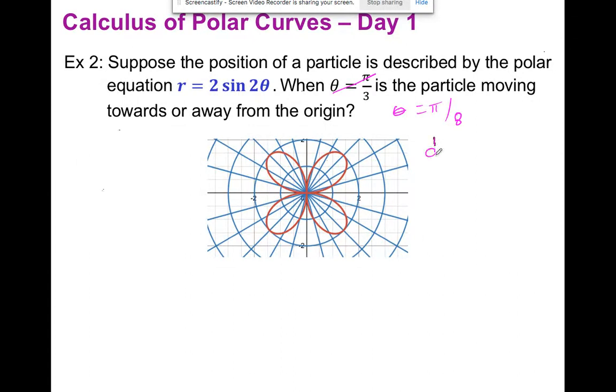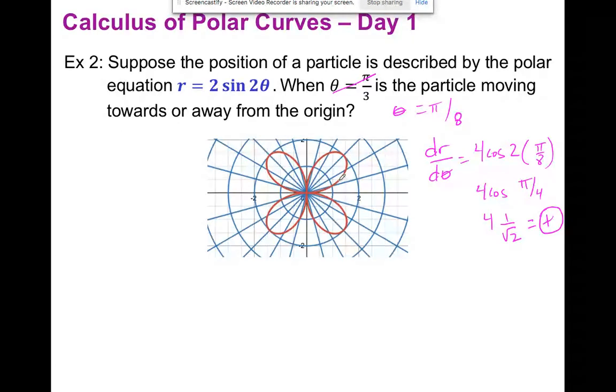The rate of change is 4 cosine 2 theta. So that's 4 cosine pi over 4. Positive. Now hit trace again and hit pi over 8.